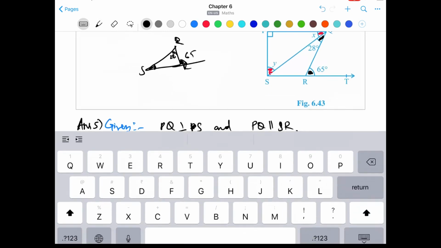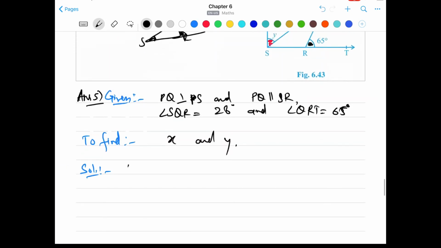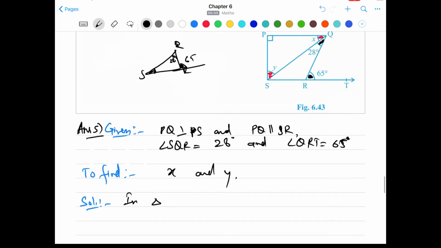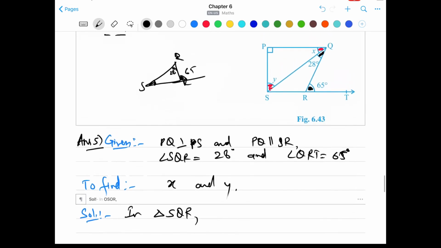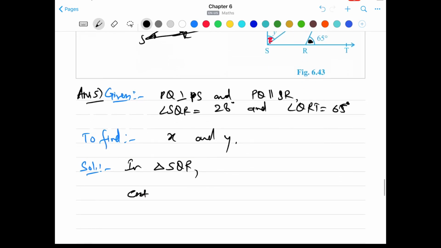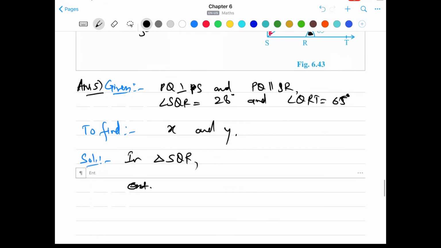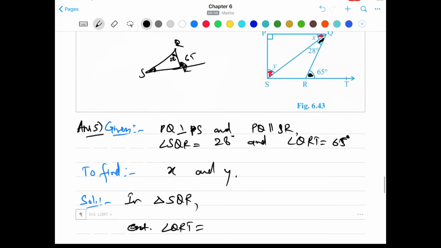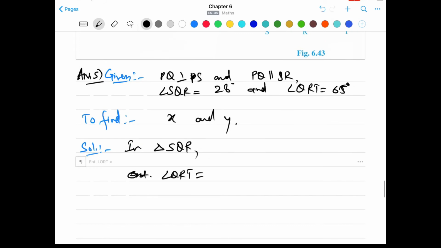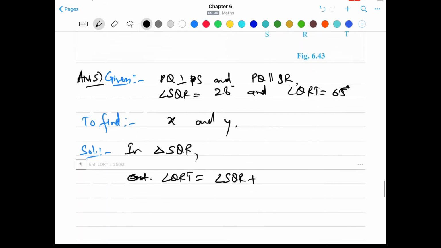we'll write in triangle SQR, we have exterior angle QRT will be equal to the sum of its two interior opposite angles, which are angle SQR plus angle QSR.